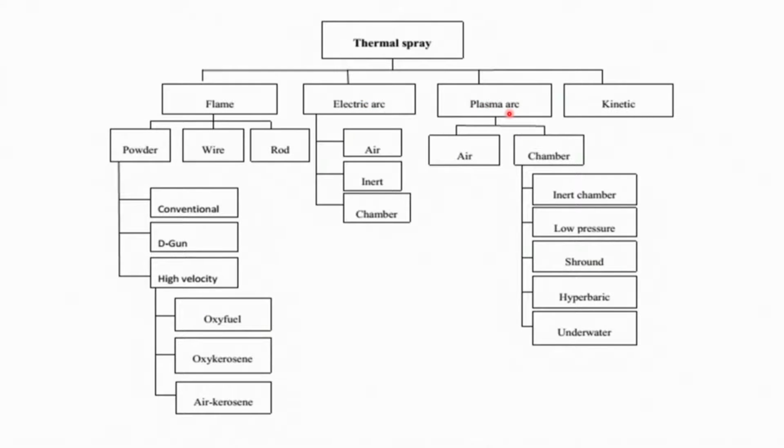On the other hand, in kinetic spraying you do not use any high heat source for melting. It is also called the cold spraying process, because the material is usually in an unmolten or semi molten state. You avoid overheating of the powder, so that there is no degradation of the powder. Kinetic spraying is mostly applied for deposition of polymeric materials or nanostructured materials, where there is scope of degradation of the microstructure because of heat.